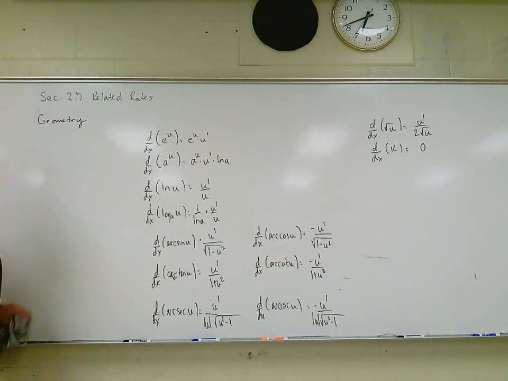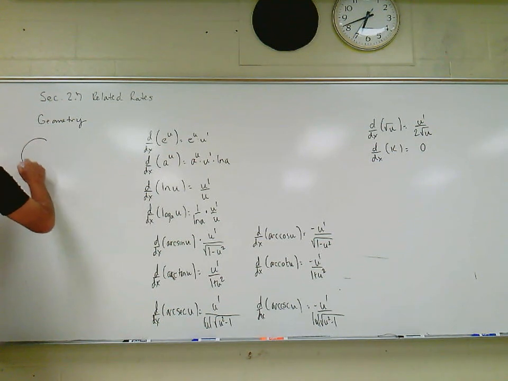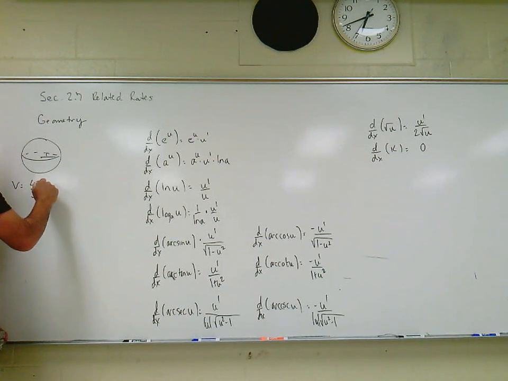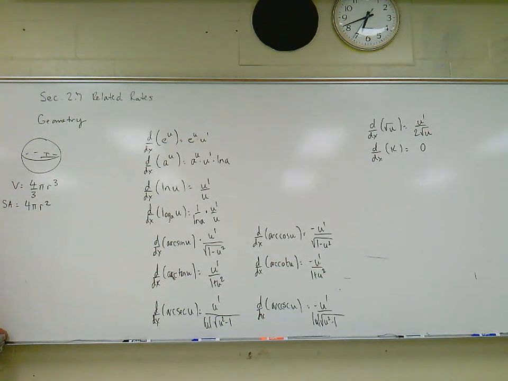All right, so a sphere. The volume of a sphere is always 4/3 pi r cubed, and the surface area is 4 pi r squared, okay? I thought that would be helpful to have.